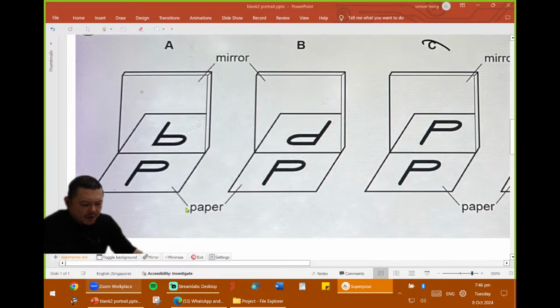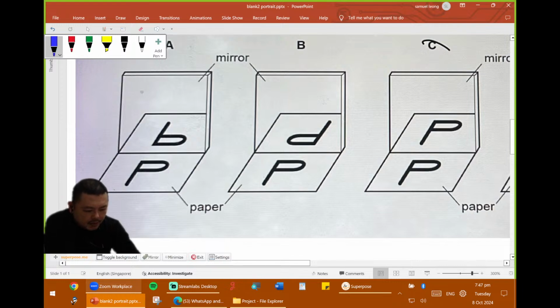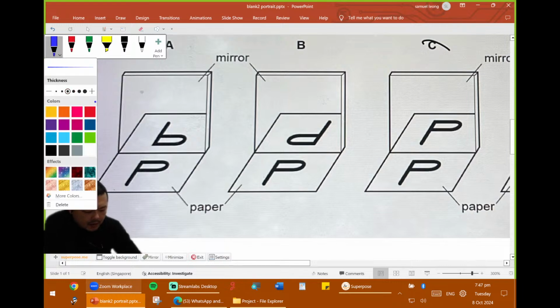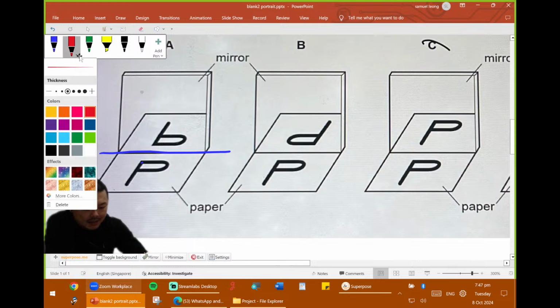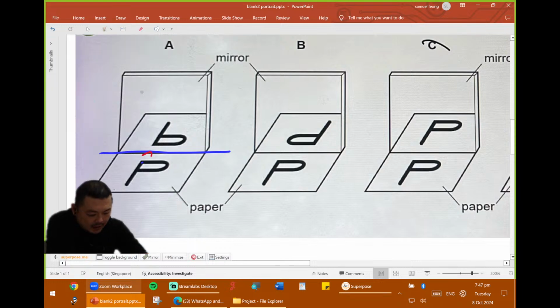You got to think about, okay, so this is the mirror, right? Then you got to think about the points of the object being at the same distance from the same points on the mirror image. For example, the distance from this point here and this point here to the mirror is the same. So the curved edge here and the curved edge here have the same distance to the mirror.